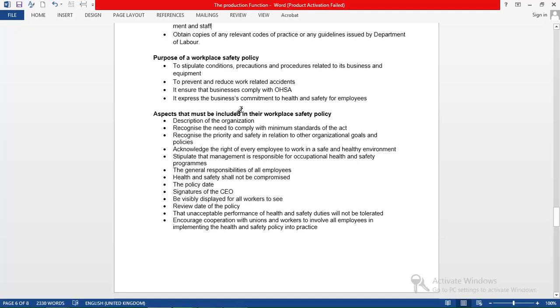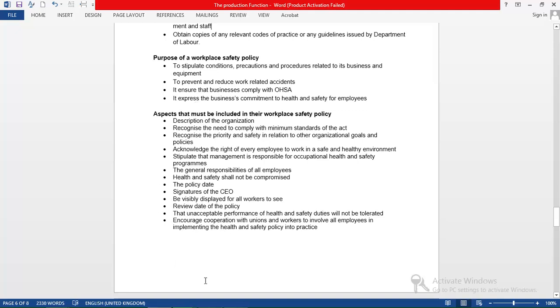And it expresses the commitment by the business to the health and safety of employees. So if you go to a business and you can see that they have a policy about health and safety, it shows that the business is committed to providing a safe and healthy working environment, because they have a policy on how they are supposed to do it. That's what we mean by the last point there.